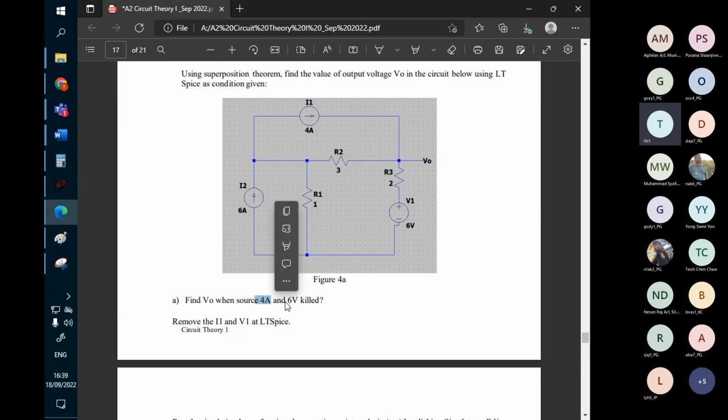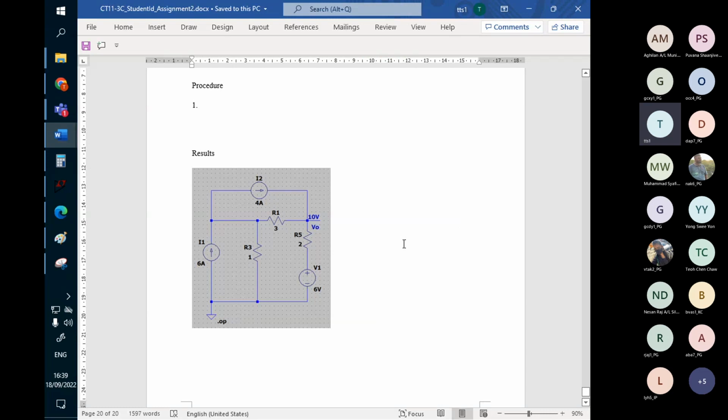Q 4 ampere and 6 volt. So what do we mean by Q 4 ampere and 6 volt? Let's see. 4 ampere and 6 volt. Let's see another.